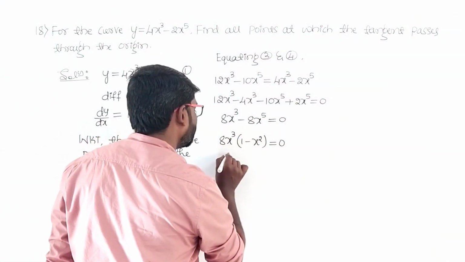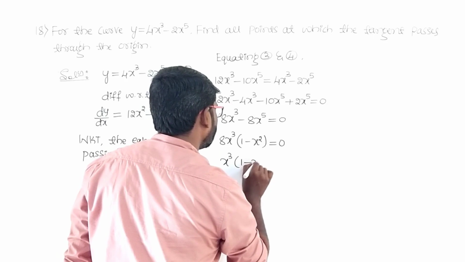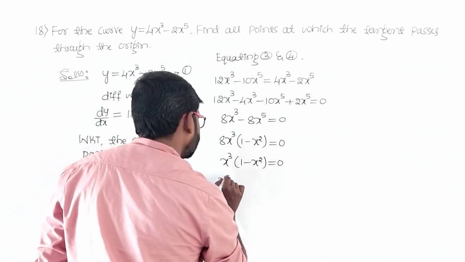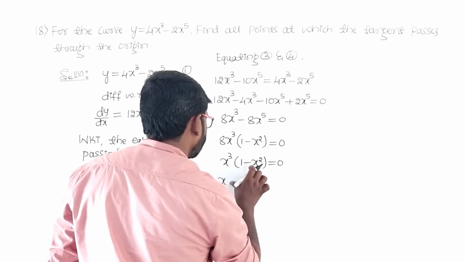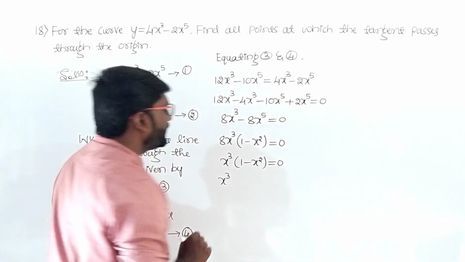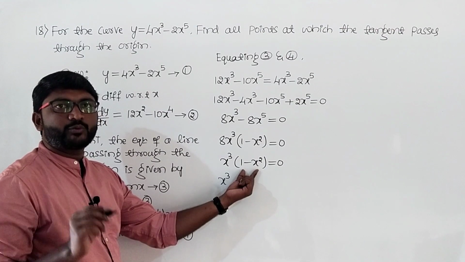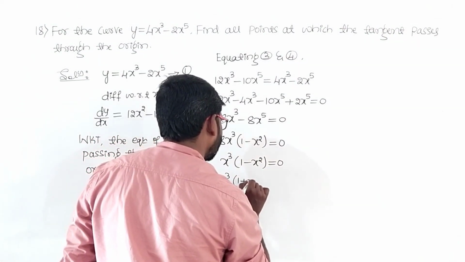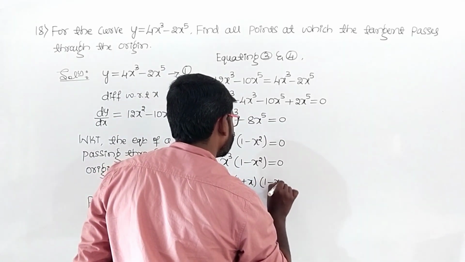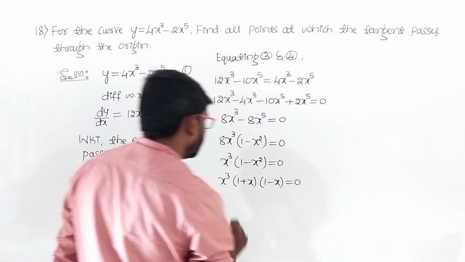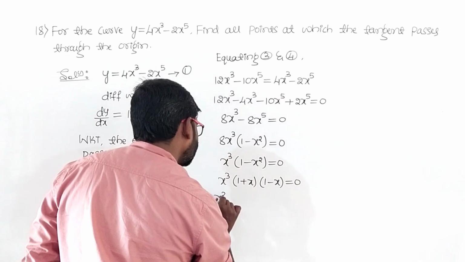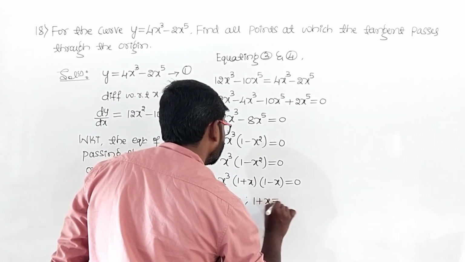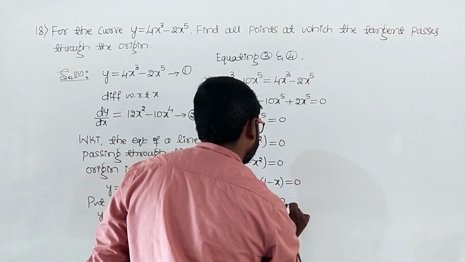Overall this can be written as x cube into 1 minus x square equals 0, or x cube into 1 plus x into 1 minus x equals 0. So here we have to equate x cube with 0, and then 1 plus x with 0, and then 1 minus x with 0.